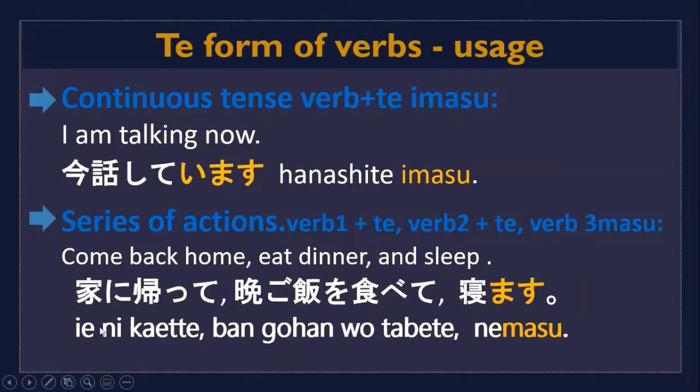So for example, 家に帰って晩ご飯を食べて寝ます。 So here, 家 means house, 帰って means come back.